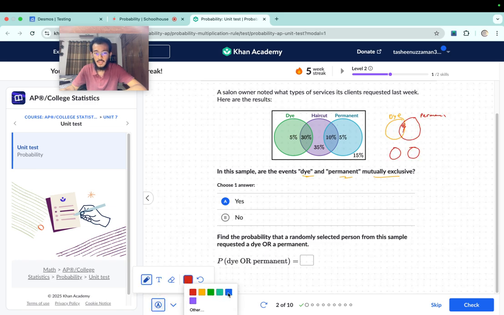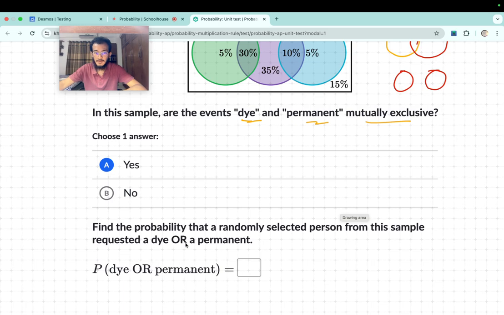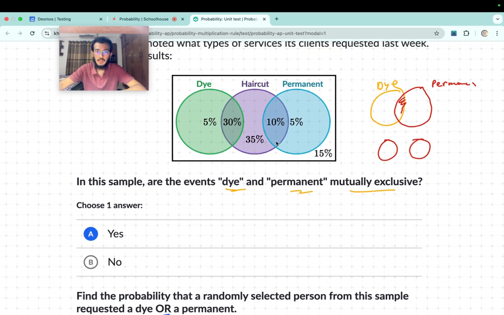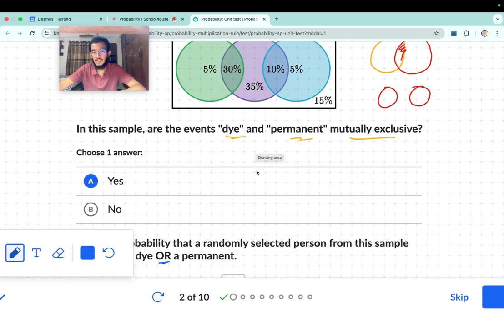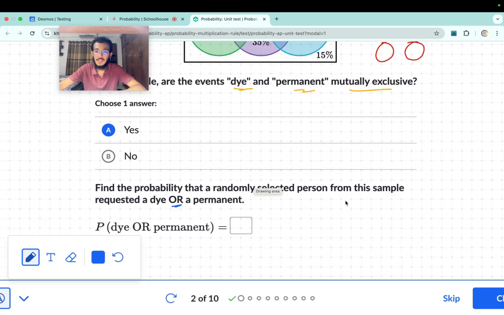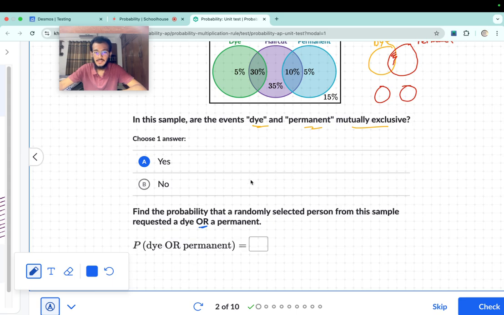Then we are finding the probability that a randomly selected person from this sample requested a dye or a permanent. The total is 100%, and they have given us the numbers in percentages, so some work is already done and it's easy for us to find. We just have to remove the percentage sign, and that is our probability.